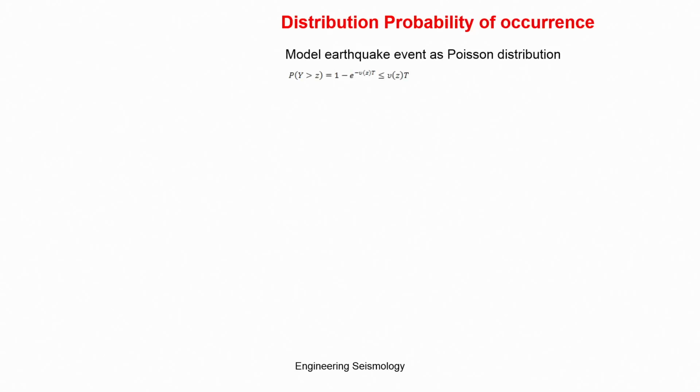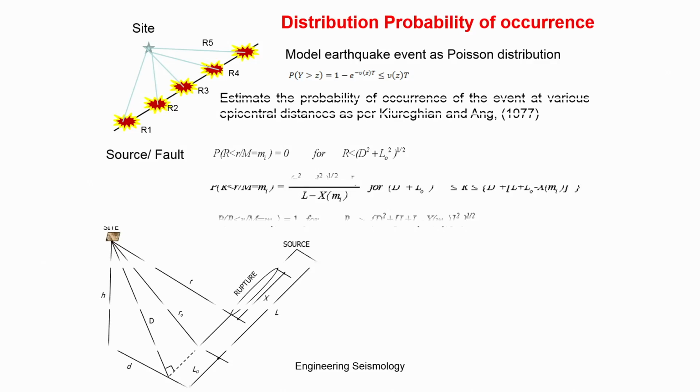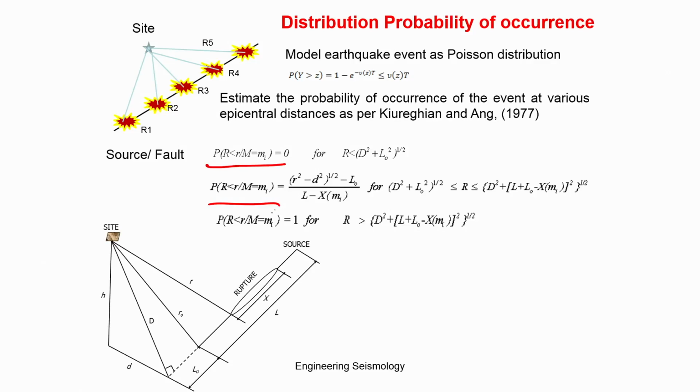Basically this implies that on a particular fault, a smaller and a bigger magnitude can take place at different distances. For each distance you estimate the probability of occurrence. This is the fault, and this is the rupture length. With this rupture length, keep moving from this point to this point, and what is the probability when it moves to different segments, which is explained with the dimensions given in this equation.